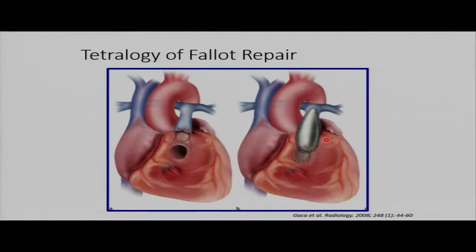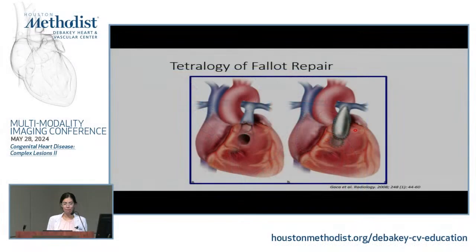Okay, so in tetralogy of Fallot, cyanosis is caused by what? The RVOT obstruction, the lack of pulmonary blood flow. So in the surgery, the first priority is to remove the RVOT obstruction. In pulmonary regurgitation, does it cause issues in the acute setting, in the short term?